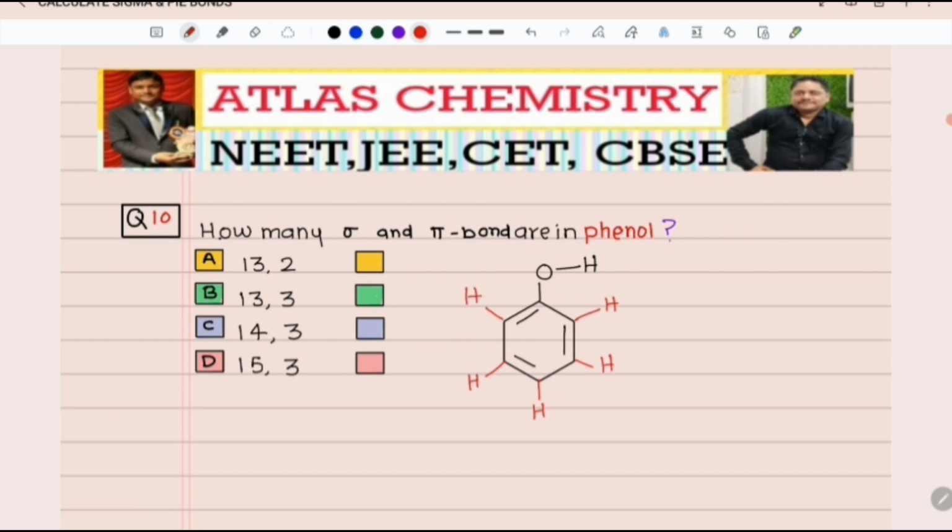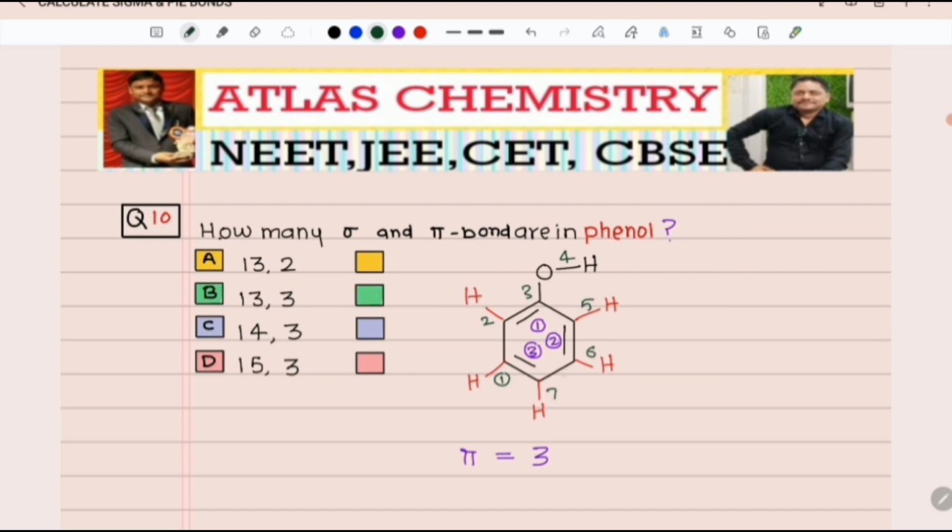If we count the pi bonds first, there is one pi bond, 2 pi bonds, and 3 pi bonds. So pi bonds are 3. Now we have to count the sigma bonds. So 1 sigma bond, 2, 3, 4, 5, 6, 7.